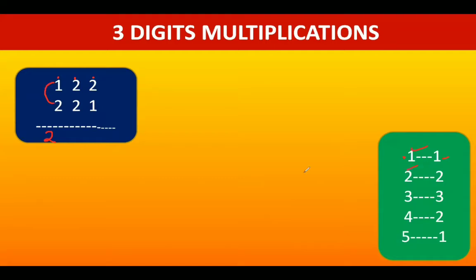And second step, 2 columns. You should multiply 2 columns. So how to multiply 2 columns? Multiplying 2 columns means you should do cross multiplication. Then cross multiplication: 1 2s are 2, plus 2 2s are 4. 2 plus 4.